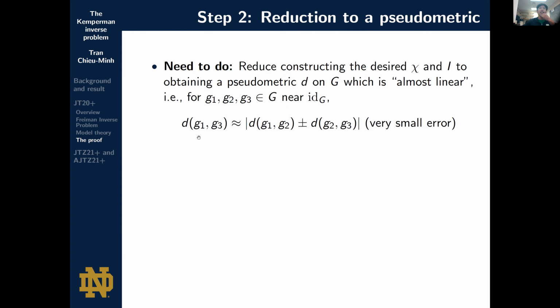Almost linear here means that if you have 3 elements, the distance between G1 and G3 is either the sum or the difference of the distance between G1 and G2 and the distance between G2 and G3, right? That is to say that every 3 points need to almost live on a straight line according to this distance. So if G2 is in between G1 and G3, you will see that it is a sum, and if not, you will see that it's the difference.